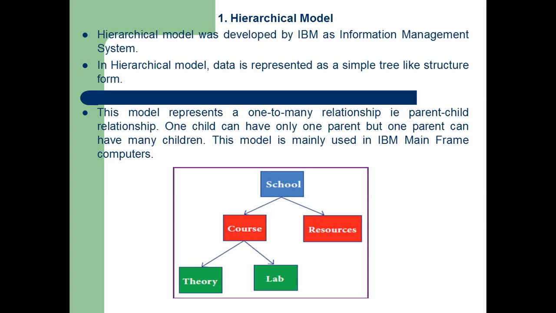All the groups of data can be grouped into different categories, and they come under a single database called school. This is called the one-to-many relationship, that is parent-child relationship. One parent may have many children, but one child cannot have many parents. This is called the tree-like structure pattern.